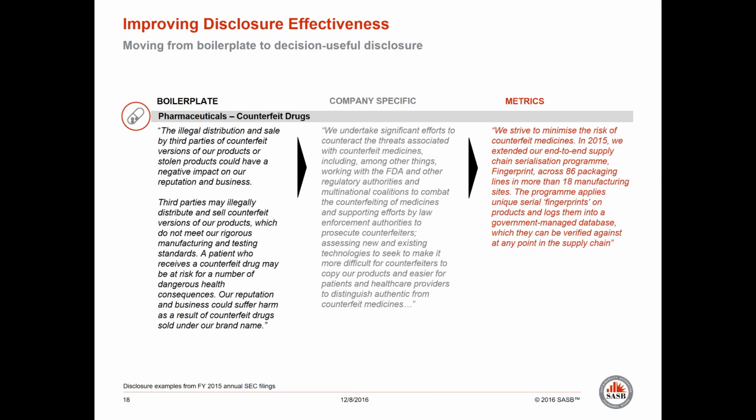In the second example, they move slightly forward and are talking specifically about FDA actions and what they're doing to address this problem. And then the third example is an example of a company that's actually using metrics and talking about the number of products that have serialization and other technologies across their product lines.